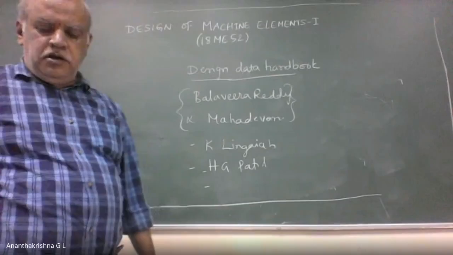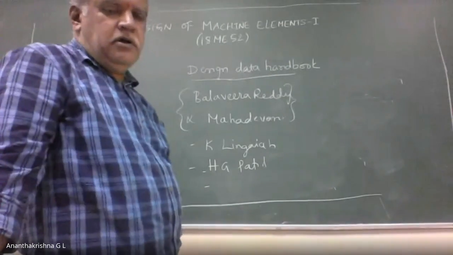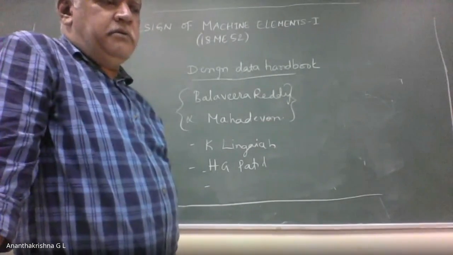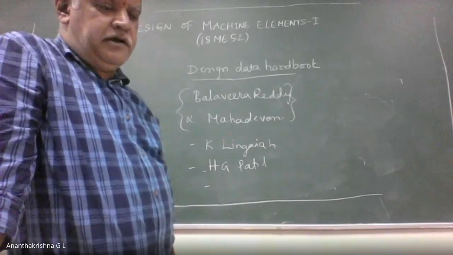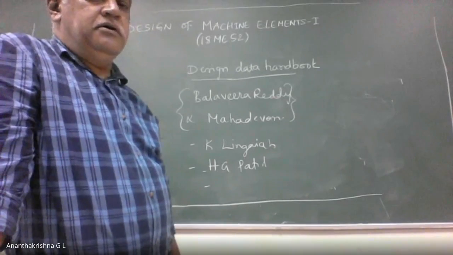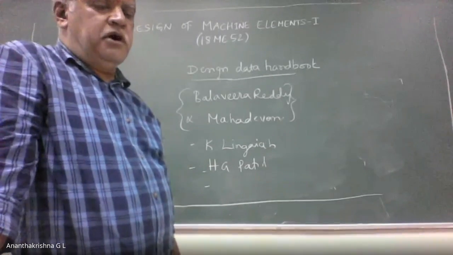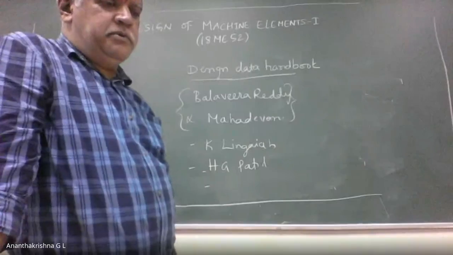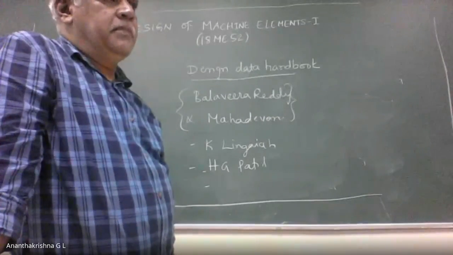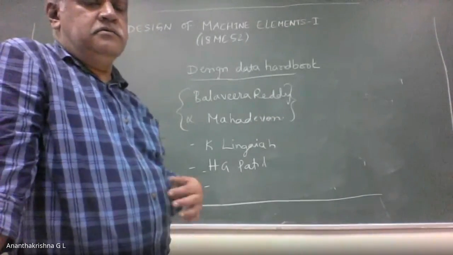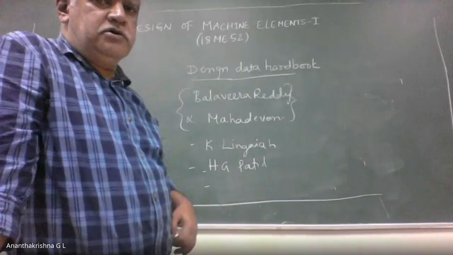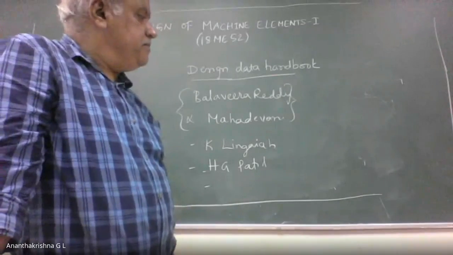Textbook part, you try to buy Kurmi textbook. That's very good. It will be helpful for both design 1 and design 2 next semester. Kurmi, Sharma and Purohit, Channaya, all these books are good. Bhandari. There are several books which you can refer.